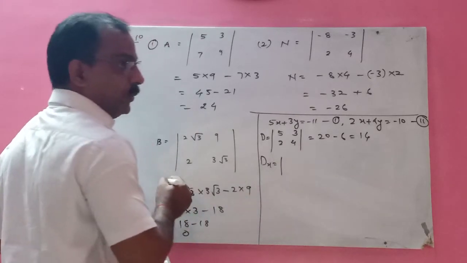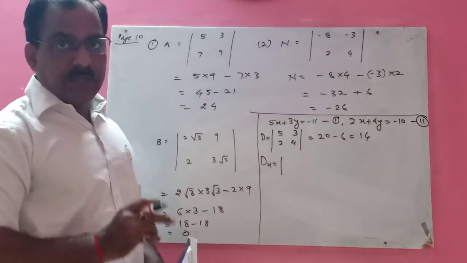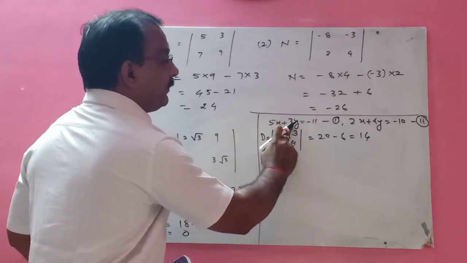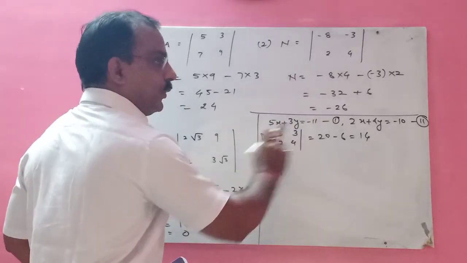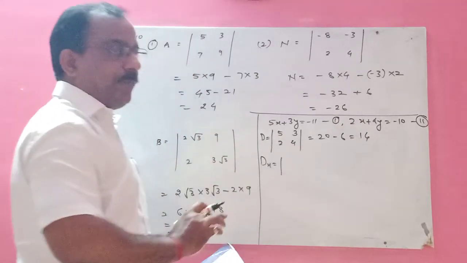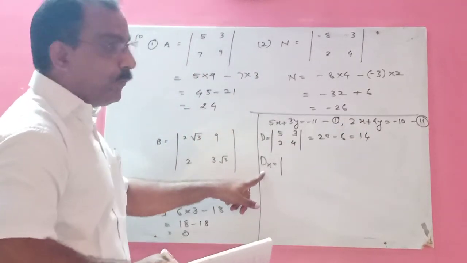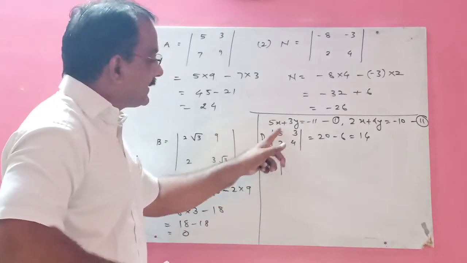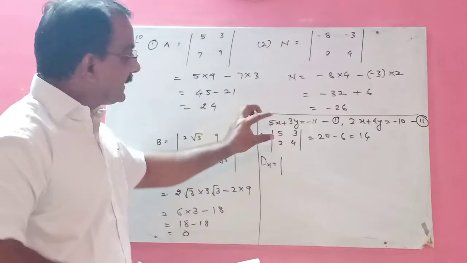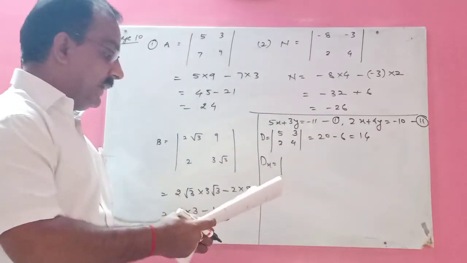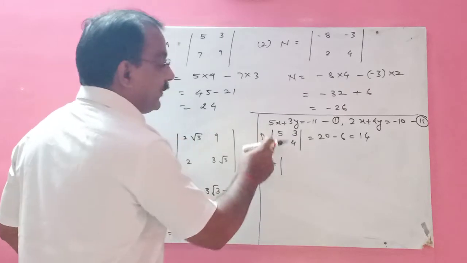How will you get dx? That is a very important part. See, I got d first, 5 3 in first row and 2 4 in second row. Now if you want to find dx, you will skip this coefficient of x, 5 and 2. Skip this and write down the constant numbers minus 11 and minus 10 in place of this.